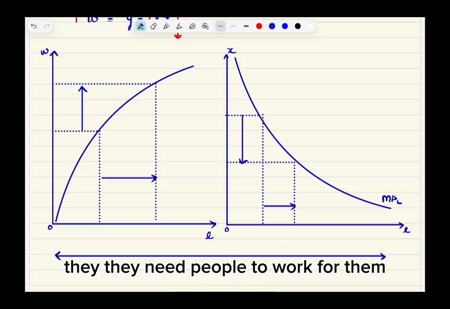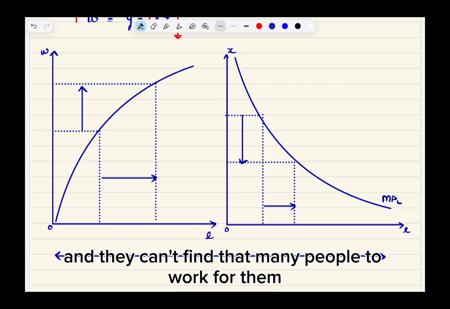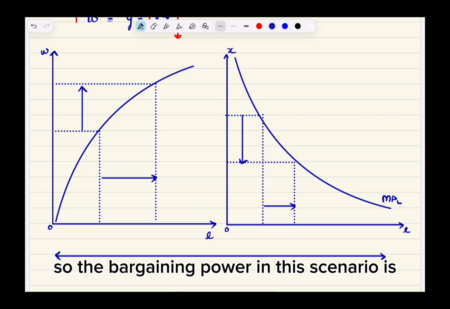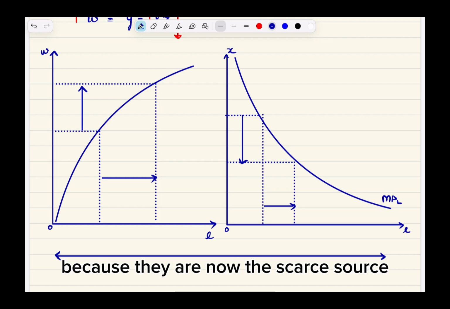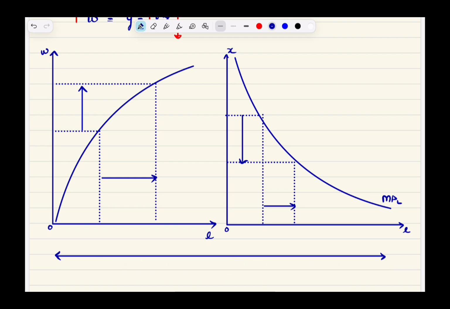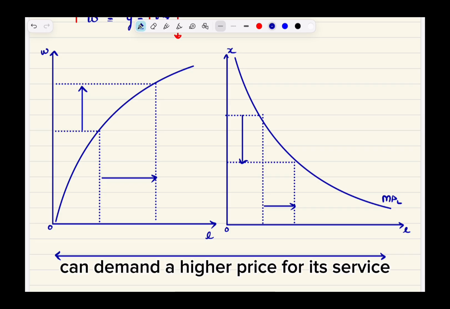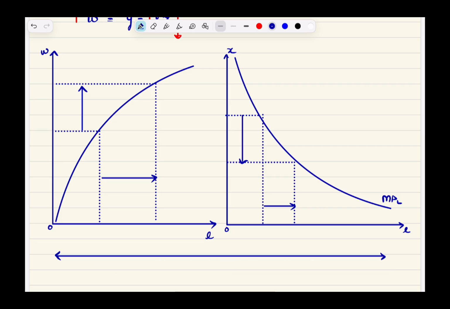They need people to work for them, and they can't find that many people to work for them. So the bargaining power in this scenario is with the workers, and therefore they can demand higher wages because they are now the scarce resource. Anything which is scarce can demand a higher price for its service.